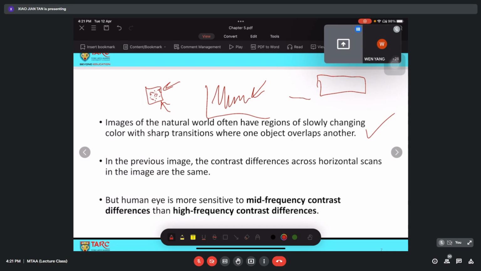So perhaps this will introduce noise to your input image. For example, Gaussian noise is a very typical noise, quite common especially for electronic devices like MRI and CT.